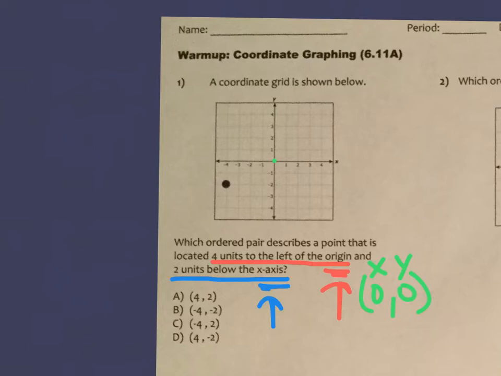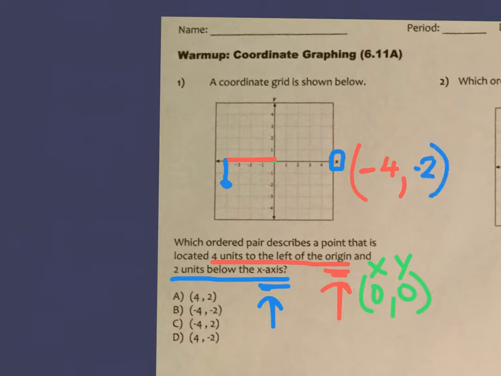So 4 units to the left of the origin. If I begin at the origin, if I move 4 units to the left, I'm traveling to -4. So my x value is -4. 2 units below the x-axis, if the x-axis is the horizontal number line, and see, it's even labeled here as x, 2 units below would suggest traveling down to this point here, which makes the y value -2.